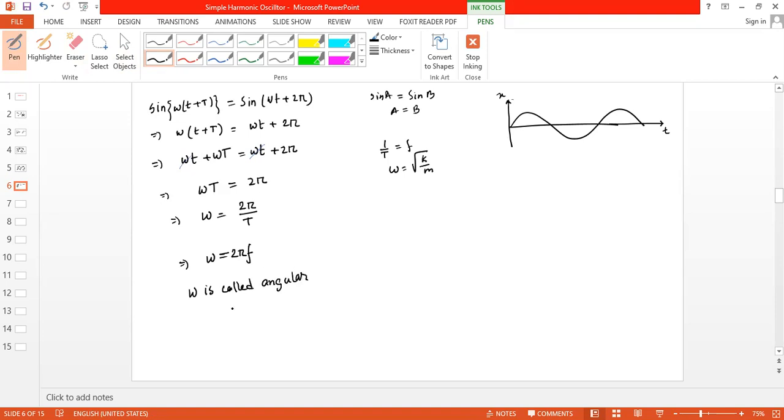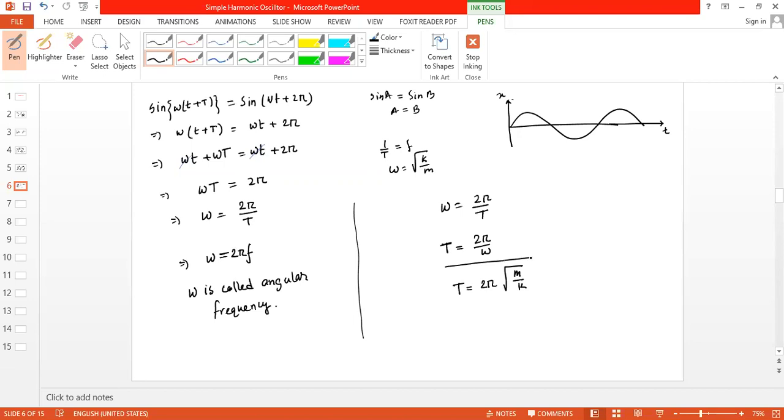And from here we can see there exists a relation between time period and angular frequency. We can write omega equal to twice pi over time period, or T equal to twice pi over omega. Since omega means root k by m, T equal to twice pi into square root of m over k, right?